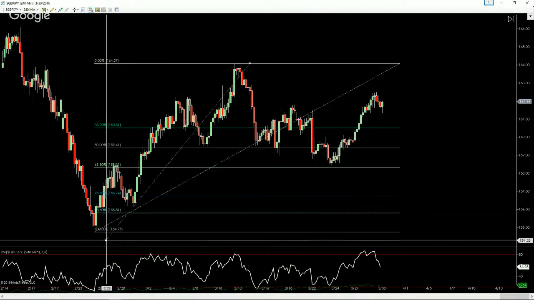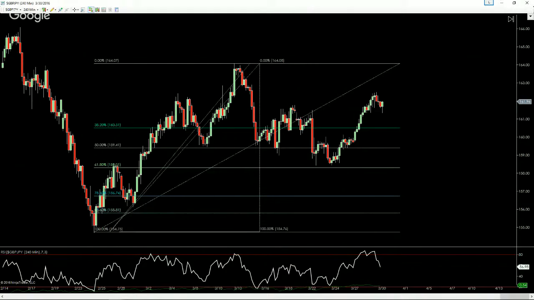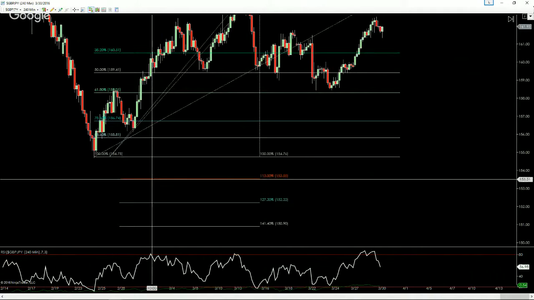We do have this one. It's a bat pattern. It's a pretty big pattern.